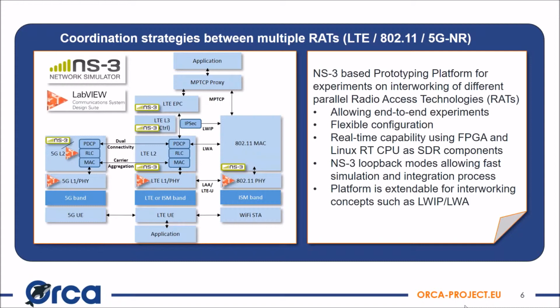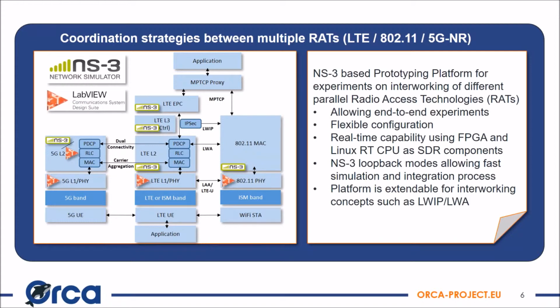It also allows for programming and configuration using real-time capable SDR components such as the FPGA and the Linux real-time CPU. And then it is also possible to do fast simulation and integration process using the NS3 loopback modes.